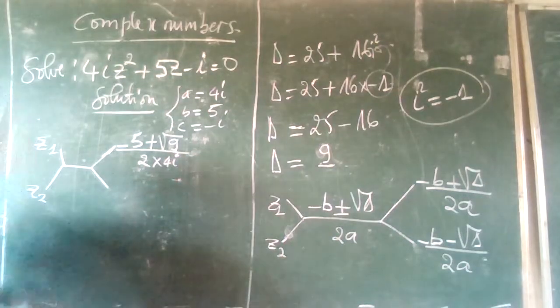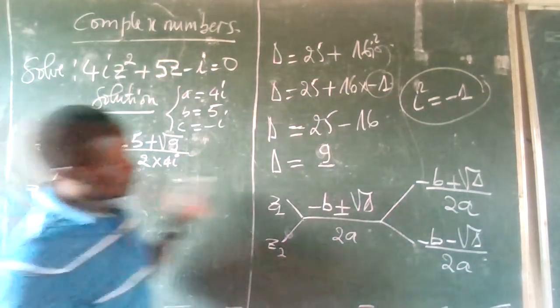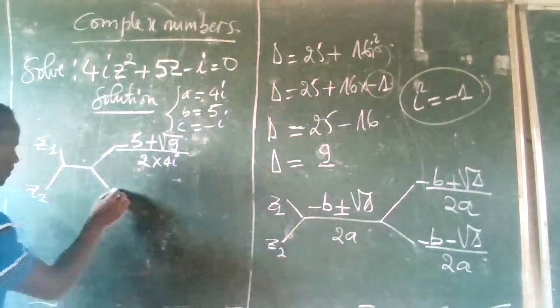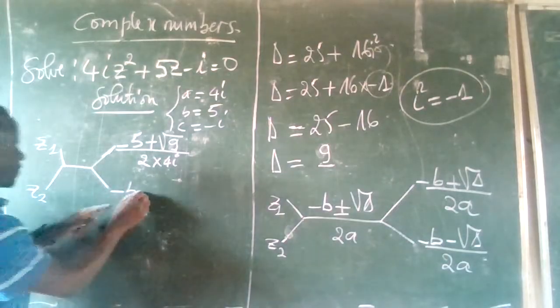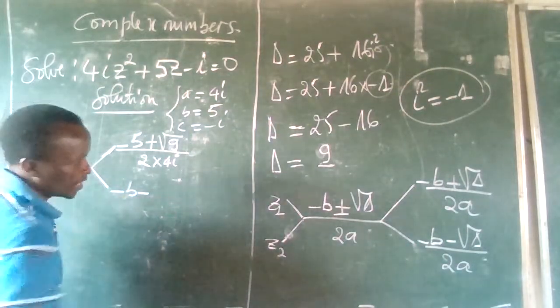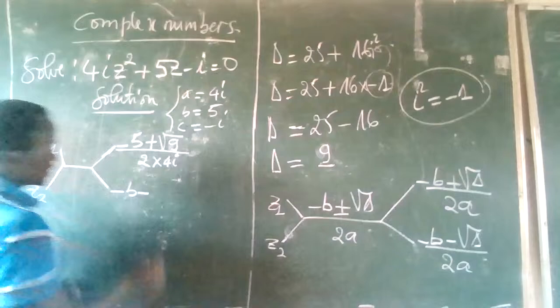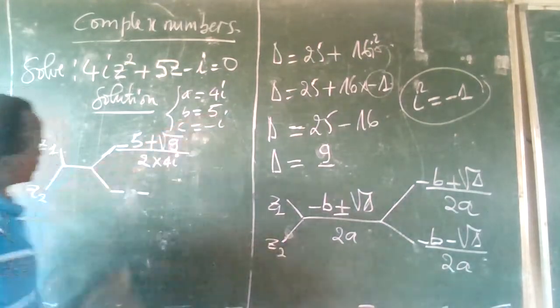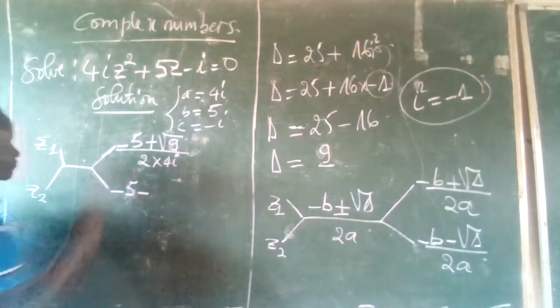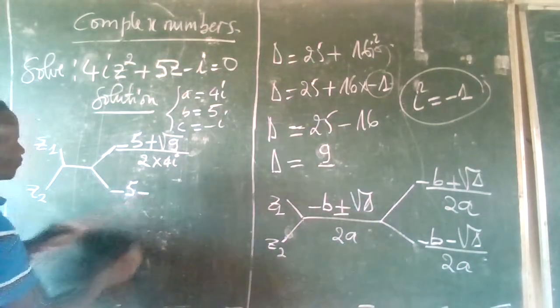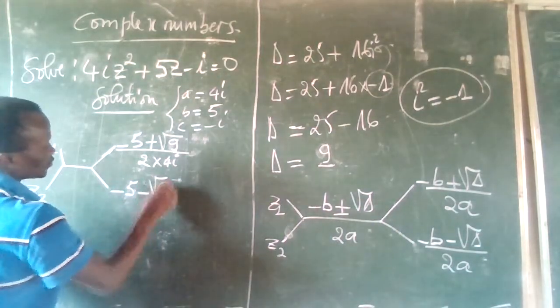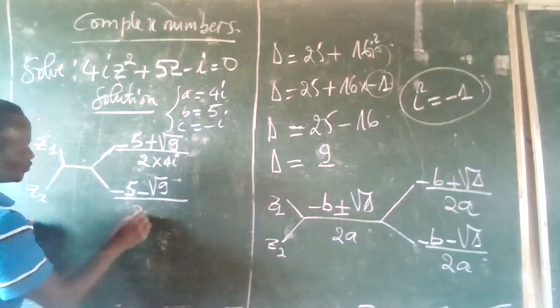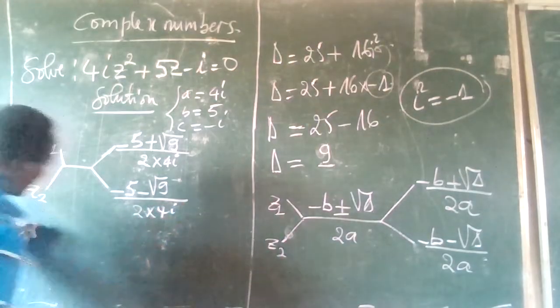Now the next one is minus B minus root of delta. B is 5, minus root of 9 over 2 times 4i.